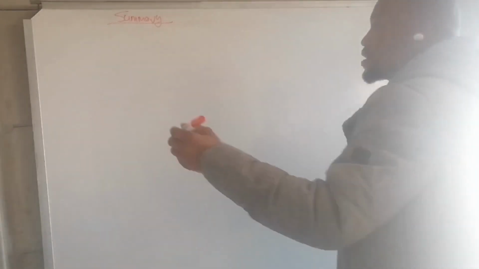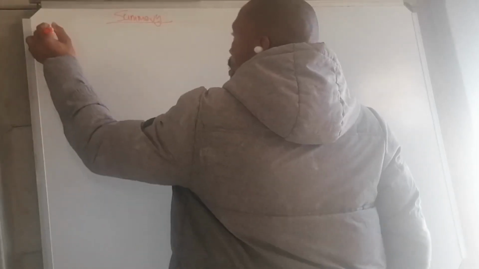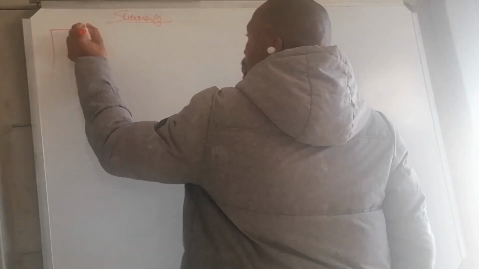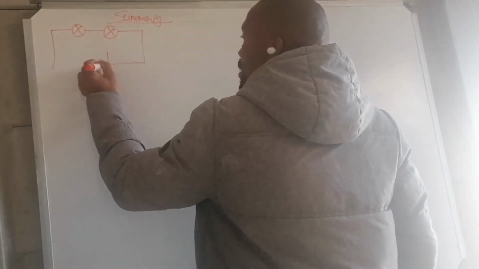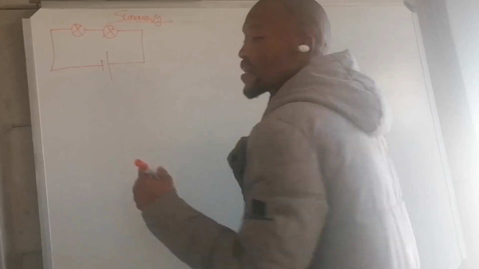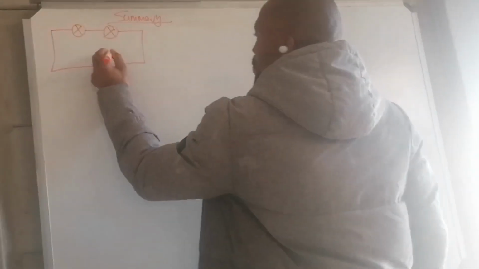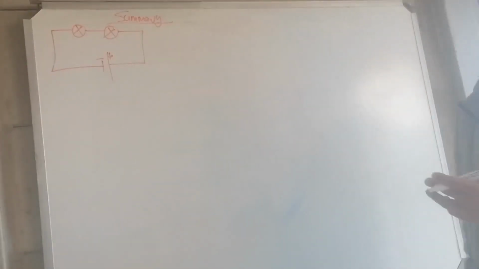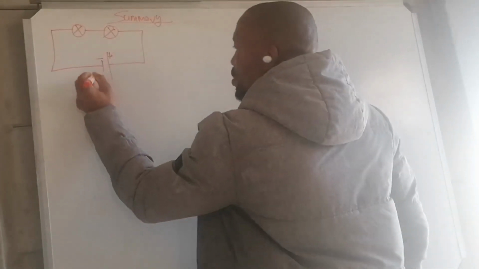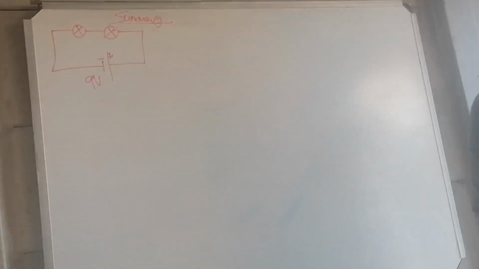Now, I just want us to look at a practical demonstration to show how an increase in resistance affects the current that flows in the circuit, how this drains the battery, and many of the things that revolve around that. Suppose we have a circuit like this one, and the voltage provided is 9 volts.